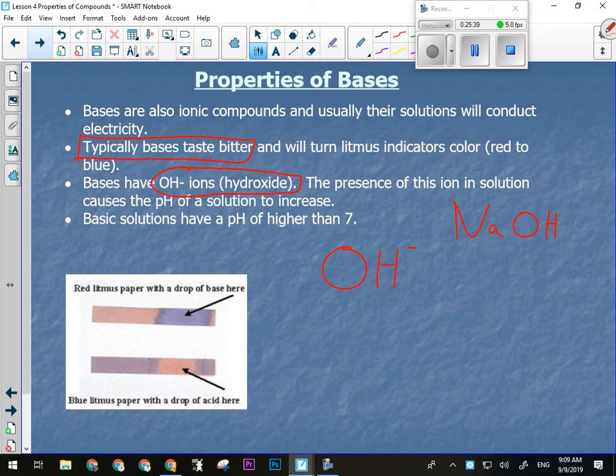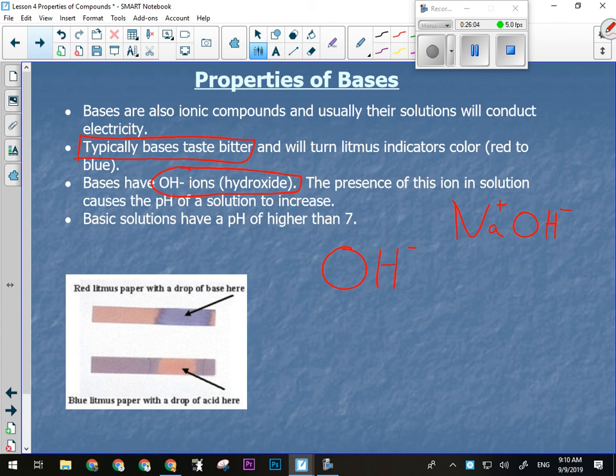You don't want to inhale the vapors. When I put this stuff in solution, it breaks up into Na plus and OH minus, and the presence of the OH minus makes something basic. So if you're looking at your unknowns and you see an ionic compound that ends in OH, that one's likely to be a base.